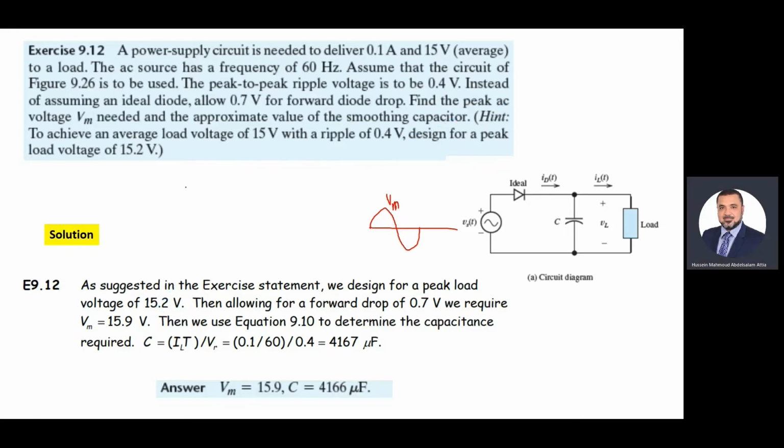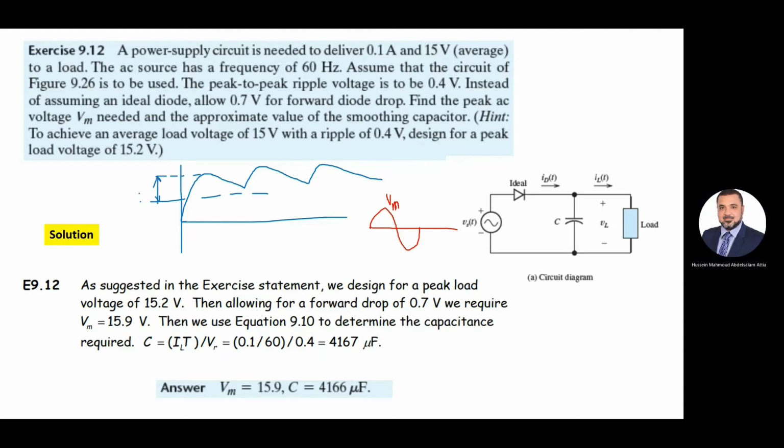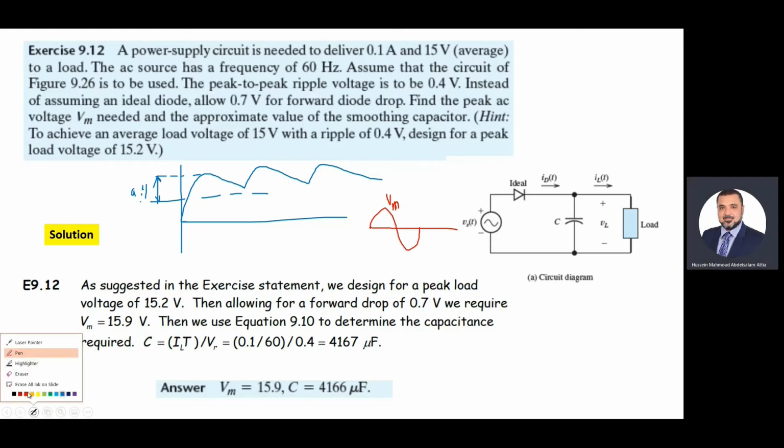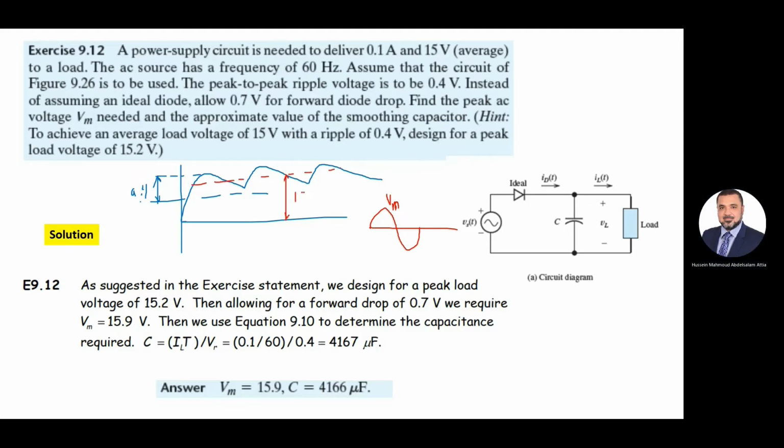Again, let me summarize the solution. The voltage across the capacitor needs to be something like this. The ripple is this value, which is given as 0.4. The average voltage needs to be 15. This means this 15 is in the middle between the maximum and the minimum.